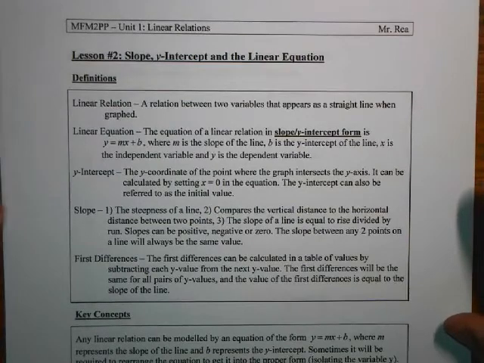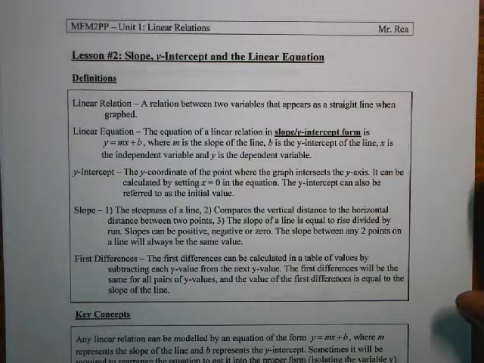And in the previous lesson we had an introduction to what linear relations were. We learned a whole bunch of stuff about the independent and dependent variables, what a relation is, and more specifically what a linear relation is. What does that look like in the four forms?